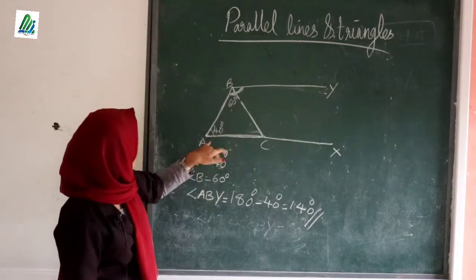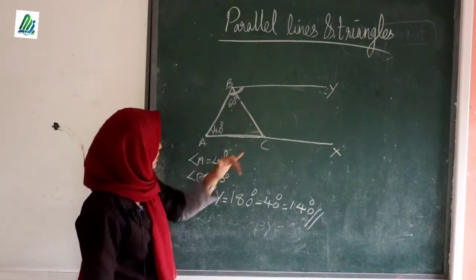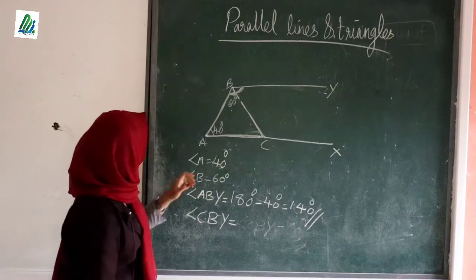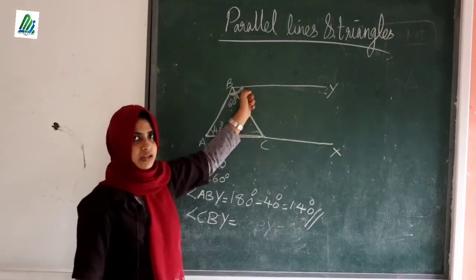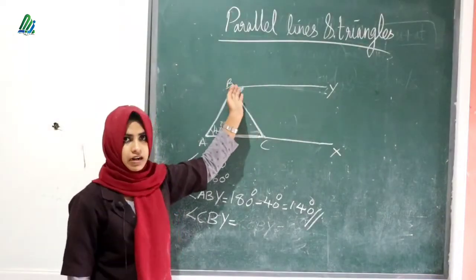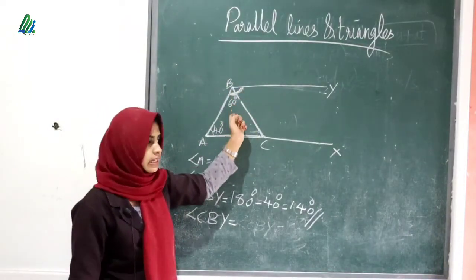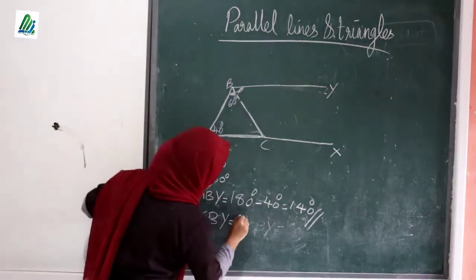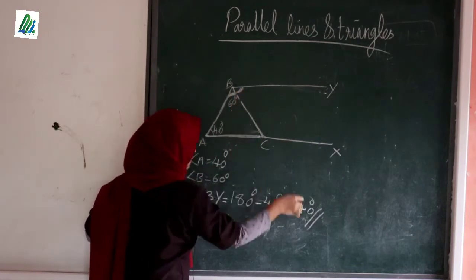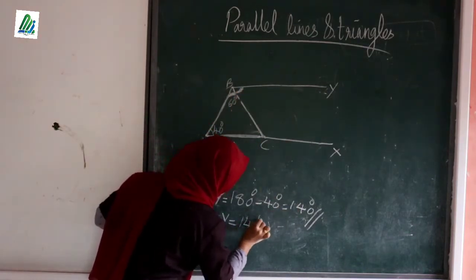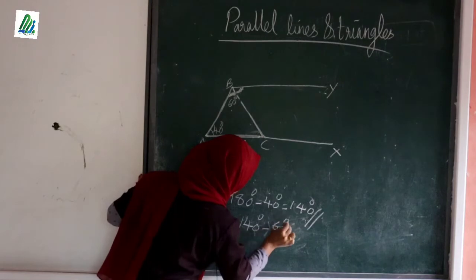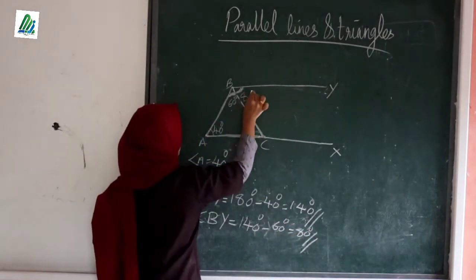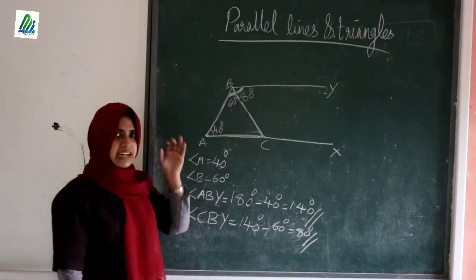Then what is the angle CBY? The total ABY is 140. When we subtract 60 degree from 140, we get the angle CBY. So CBY is 140 degree minus 60 degree, we get 80 degree. This angle is 80 degree.